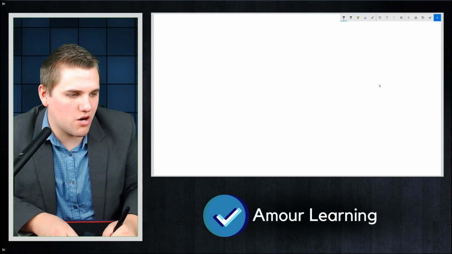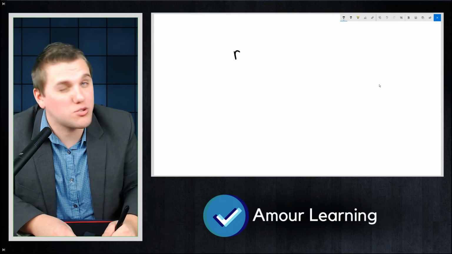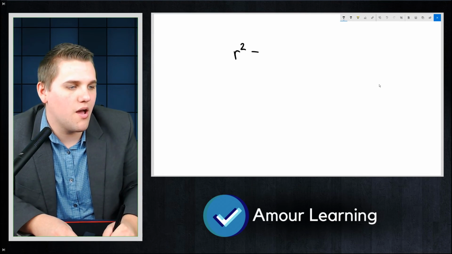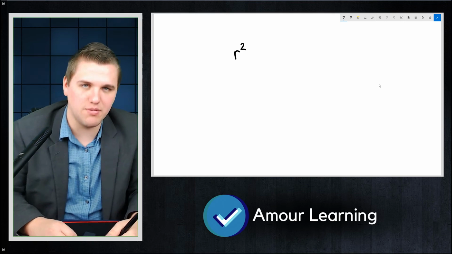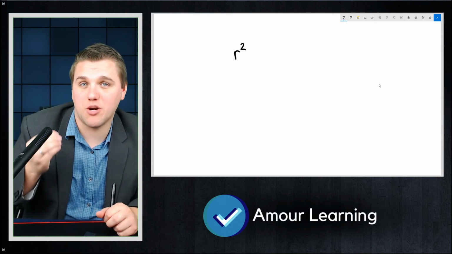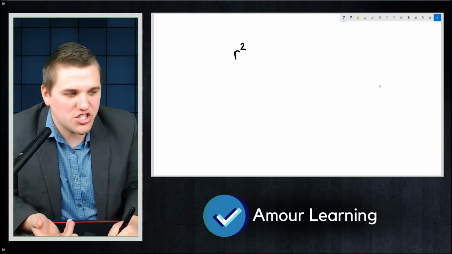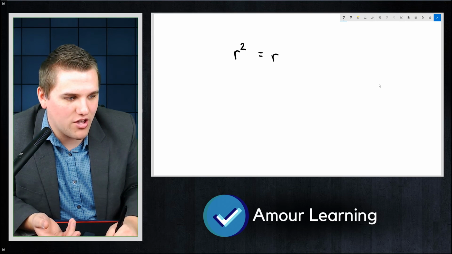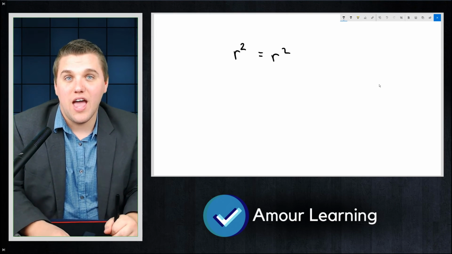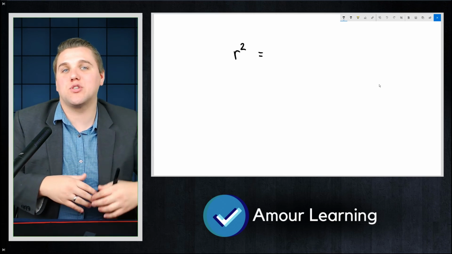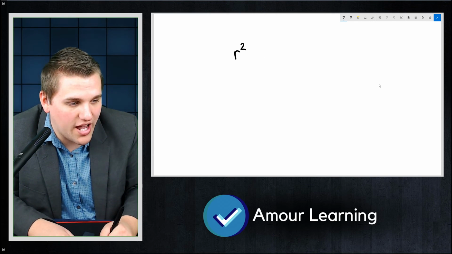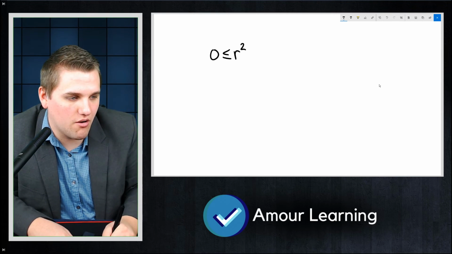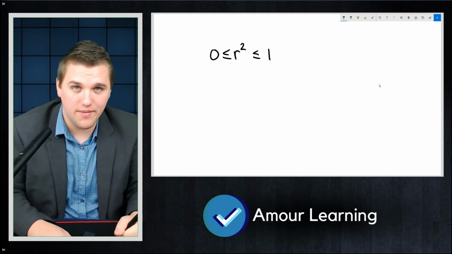The coefficient of determination is frequently written as little r squared, but some people just use capital R squared, which is a little weird to me, but whatever. They're both the same thing. The coefficient of determination is just the square of r. You take your r value and you square it. That's it. Since r is a value between -1 and +1, then r squared is a value between 0 and 1.